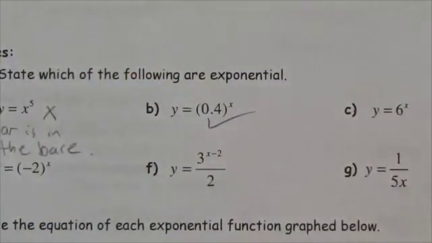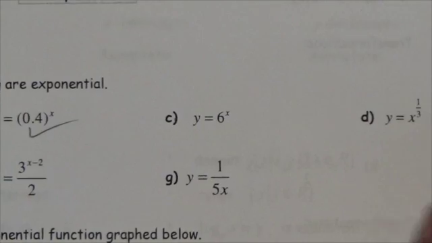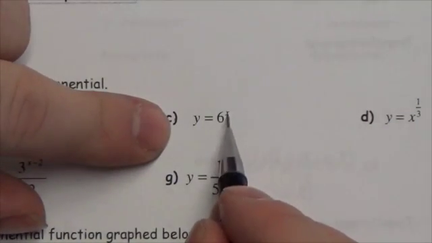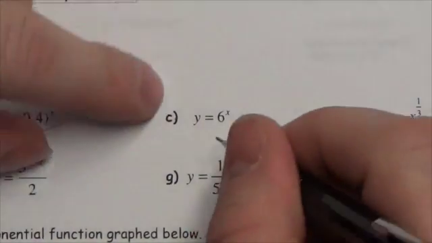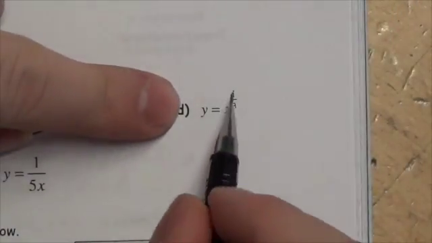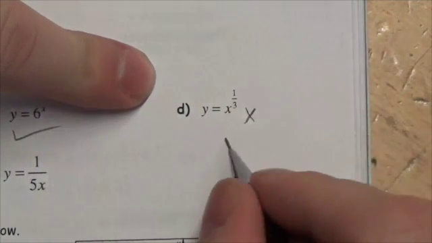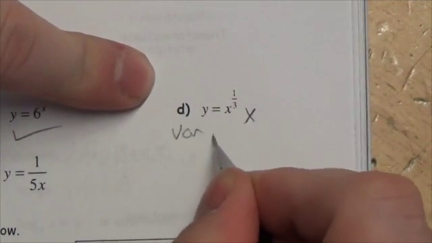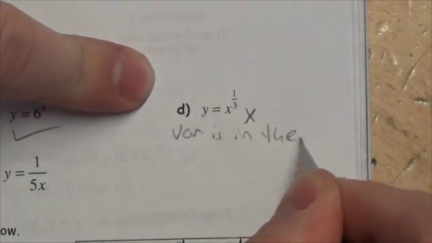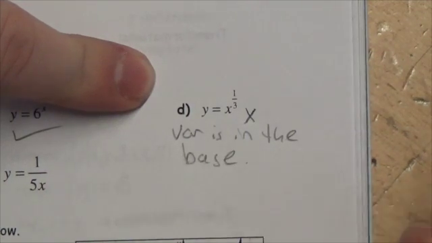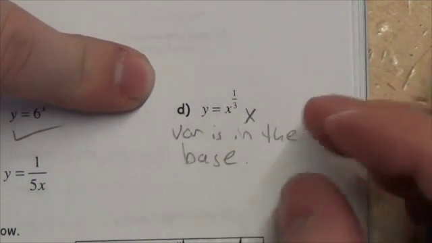So yep, there we go. y equals 6 to the x, my variable is up in the exponent, base is 6, that's good, that's exponential. y equals x to the 1/3, nope, because again the variable is in the base, and to be exponential I want the variable in the exponent.